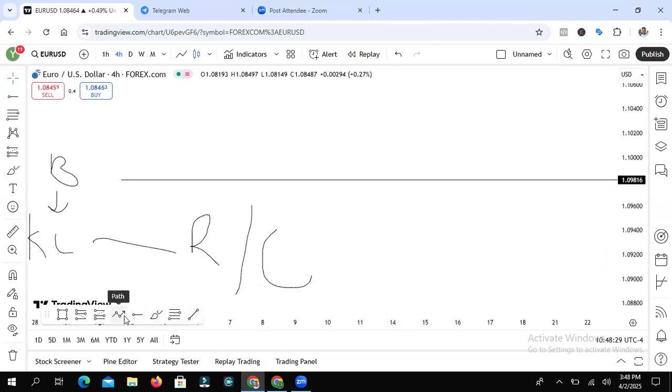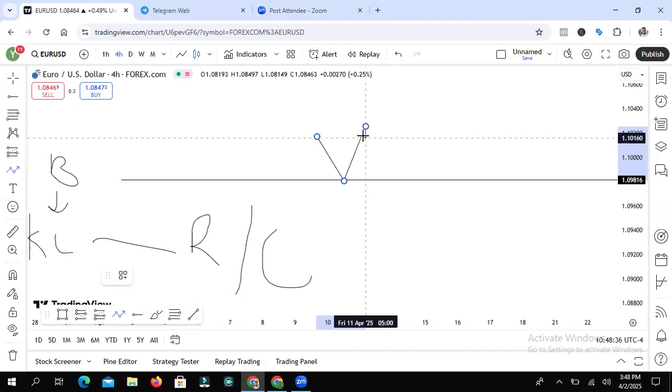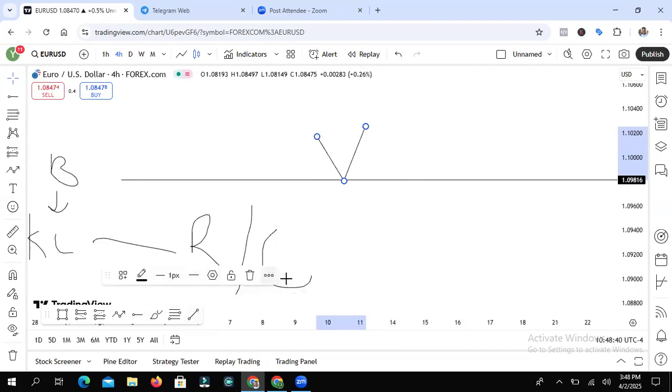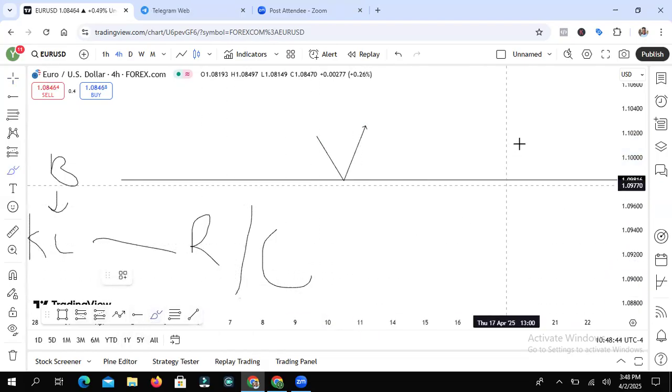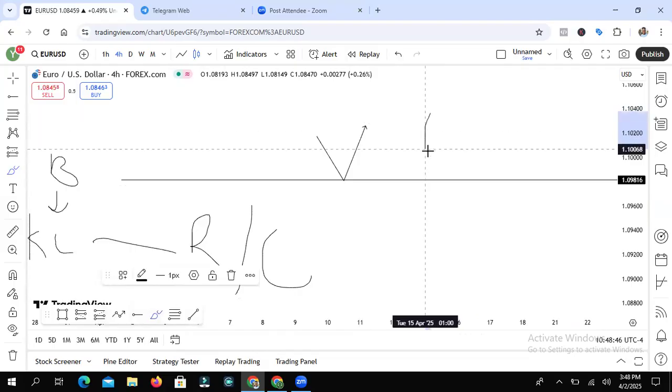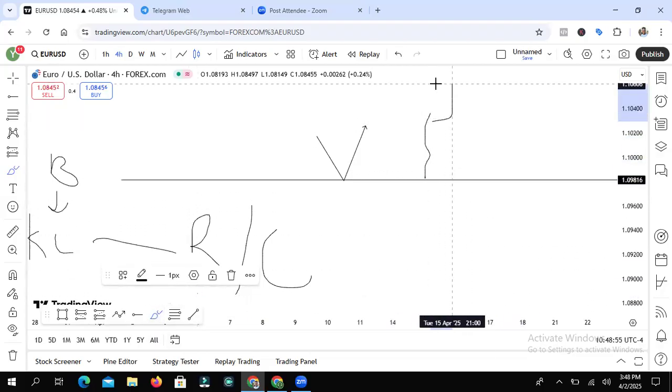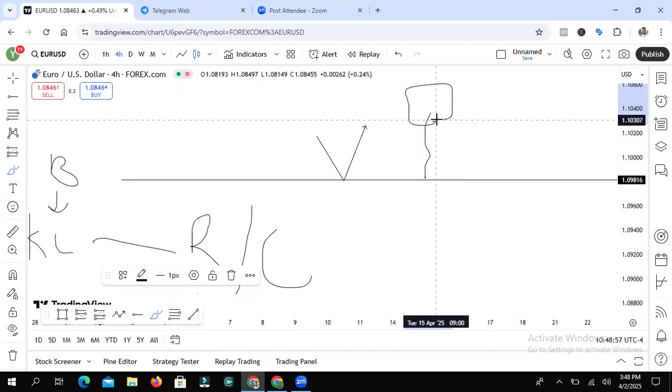Now, for a V-shaped key level, if you want to look for longs, if you want to look for buying opportunities, this is a V-shaped key level. You want to wait for the market to trade into it, and then you want to see candle rejection like this. You want them to reject.